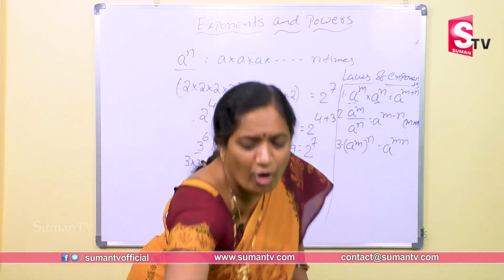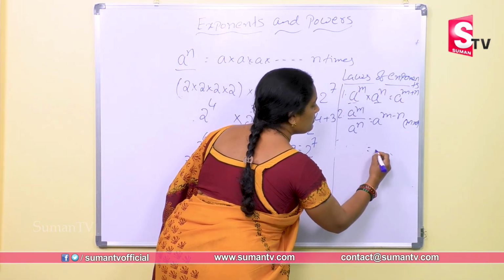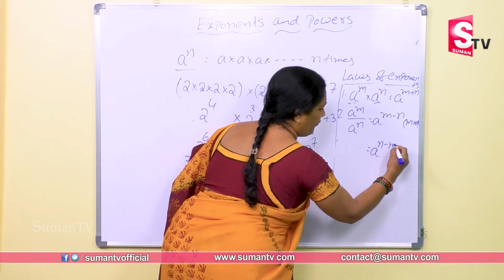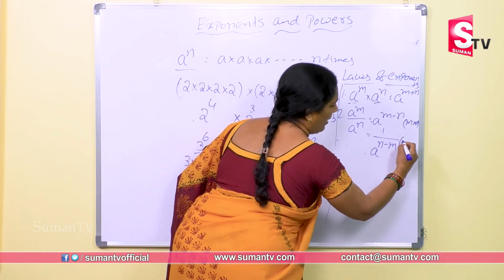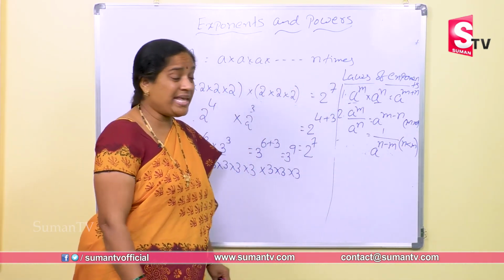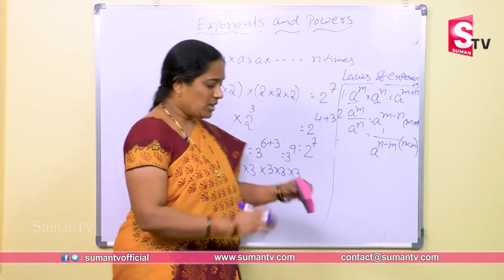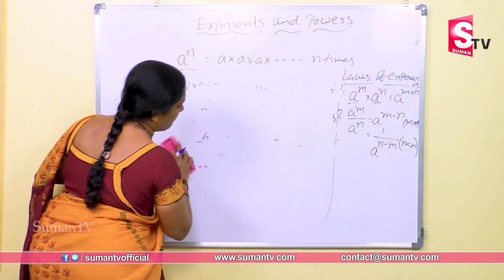And one more formula you can write from this. Wait, I'll show you. A to the power of n by a to the power of m is 1 by a to the power of n minus m. This is the formula you have to apply where n is greater than m, right? So you may get confused about in what way we have to apply. I'll show you one example.